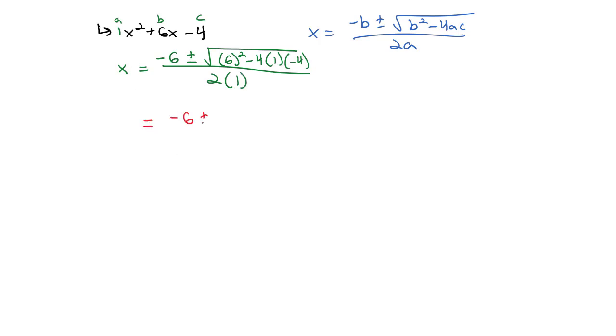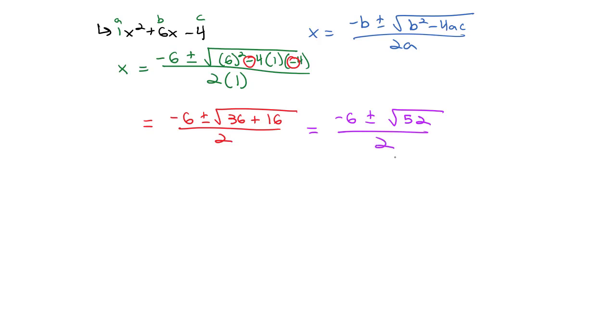Well, now we have negative 6 plus or minus the square root of 6 squared, which is 36. Again, a negative times a negative is a positive. 4 times 4 is 16, all over 2, which gives us negative 6 plus or minus the square root of 52, all over 2.